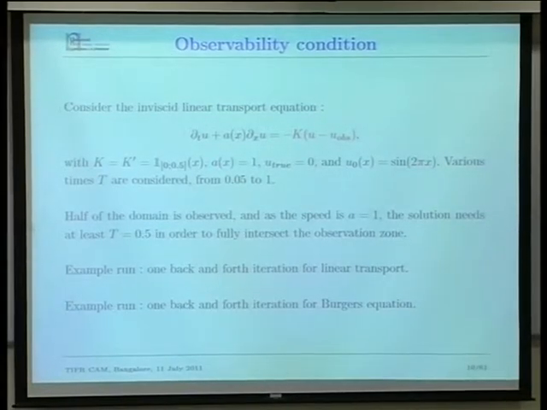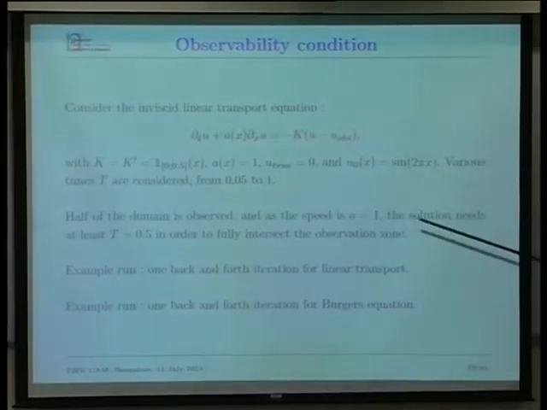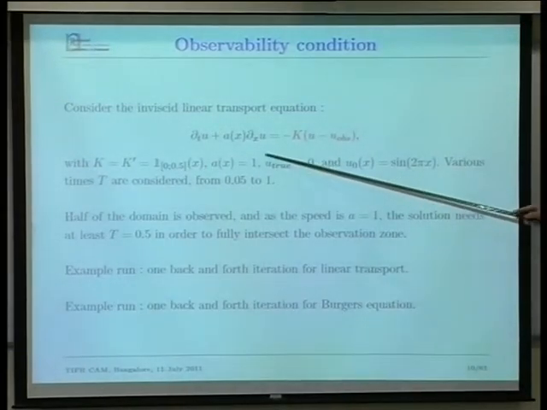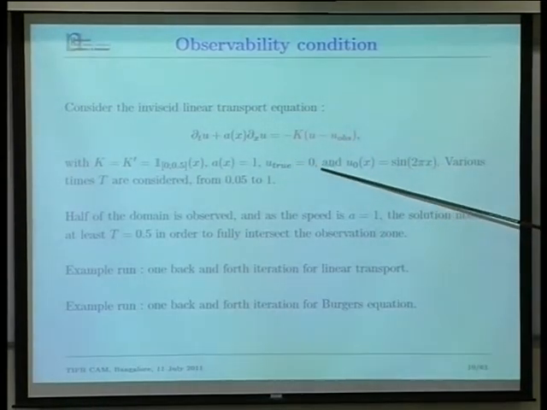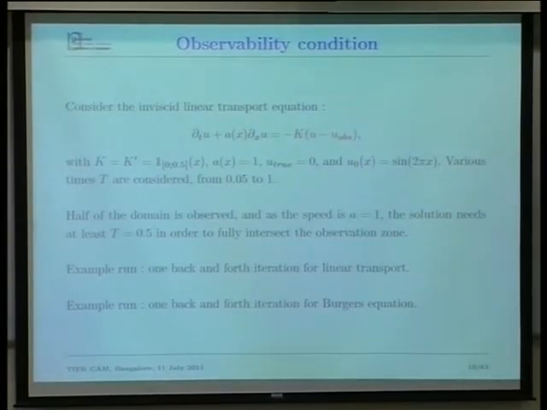Is it enough? Can we have the convergence of the solution? I assume that the observation or the true solution is 0, and I start with a sine function. It's very simple. I use speed equal to 1.